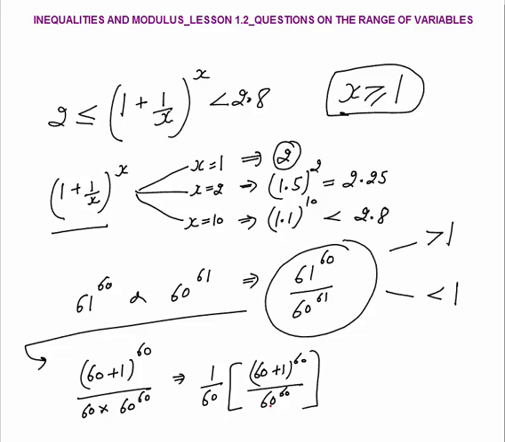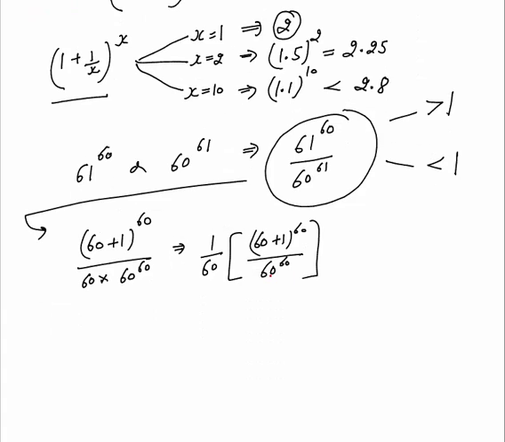You can further solve this. Can I say this is equals to 1 by 60 will be outside. This is 1 plus 1 by 60, you can make this whole power 60. This is how it will be simplified.